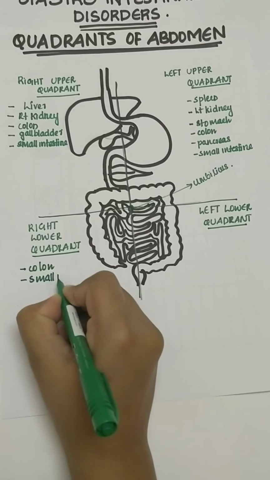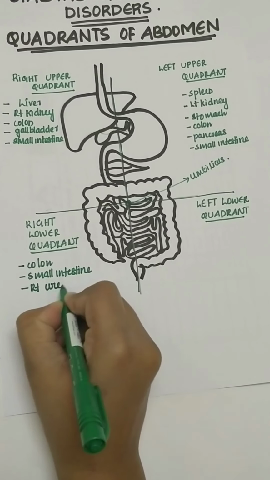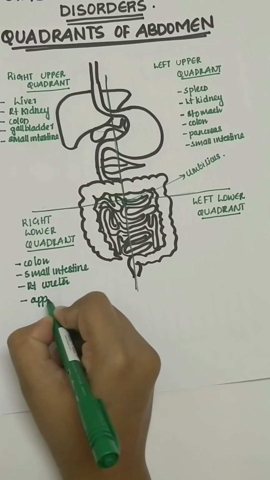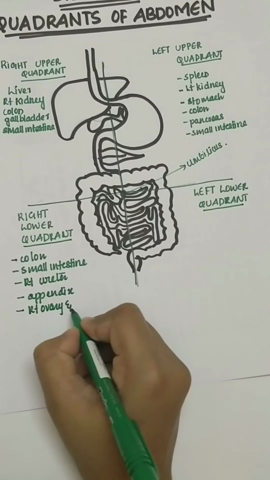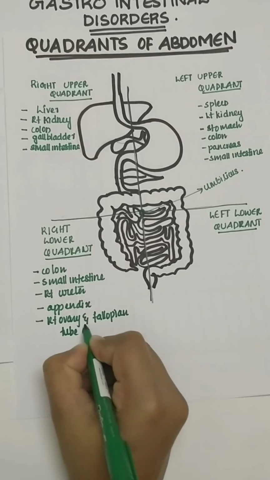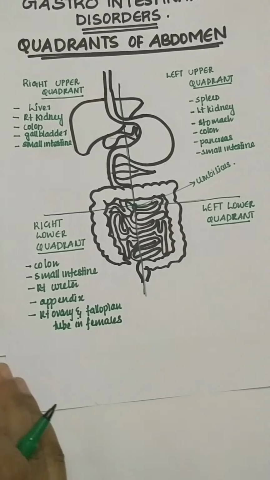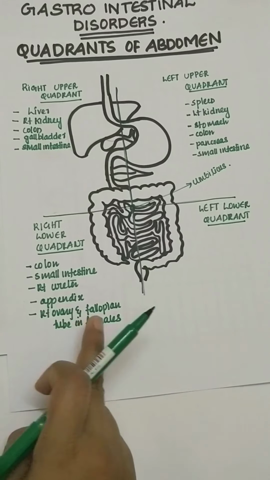It consists of the colon, small intestine, right ureter, appendix and right ovary and the fallopian tube only in females. These are the organs in the right lower quadrant.